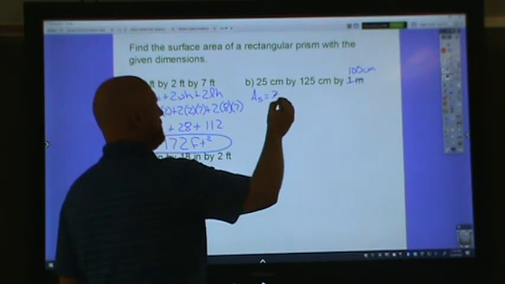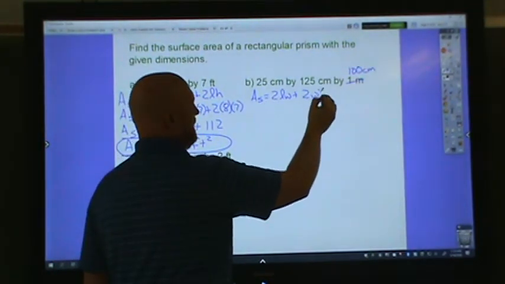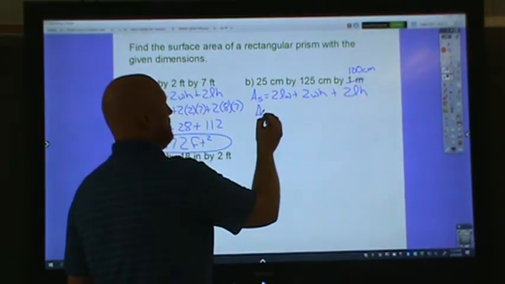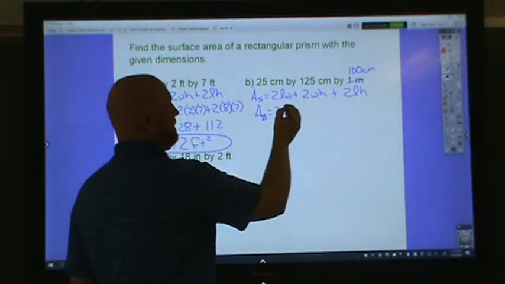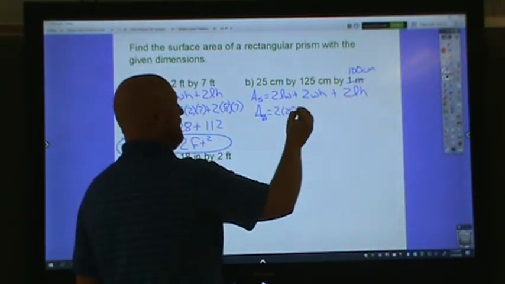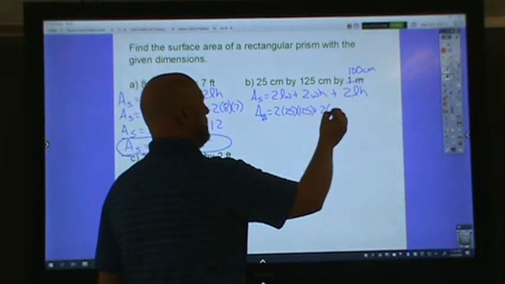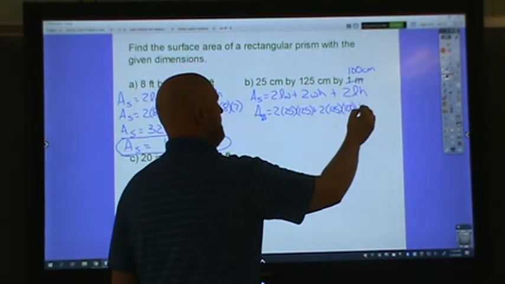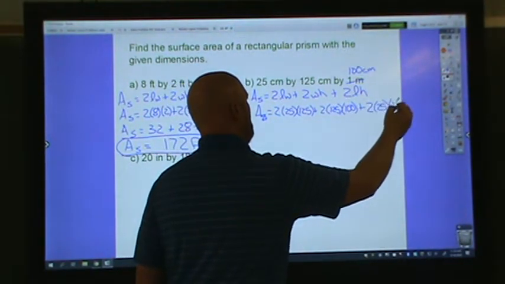Surface area equals twice length times width, plus twice width times height, plus twice length times height. So surface area is going to be equal to 2 times 25 times 125, plus 2 times 125 times 100, plus 2 times 25 times 100.